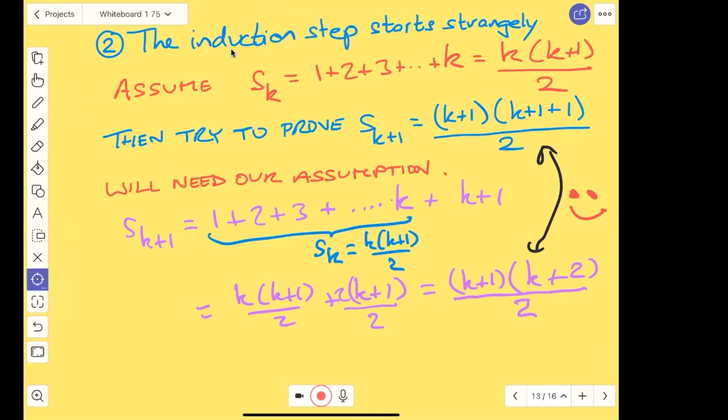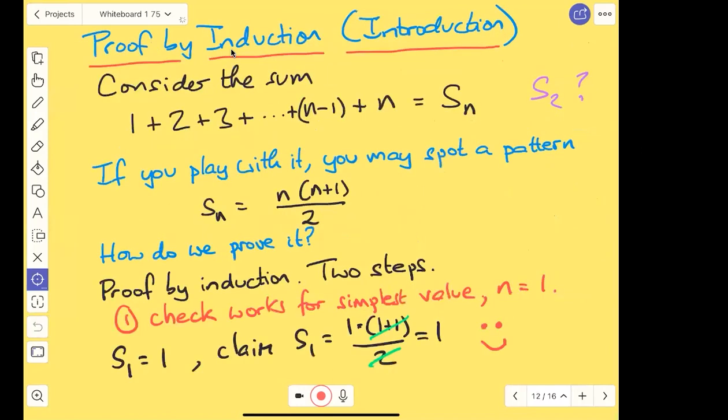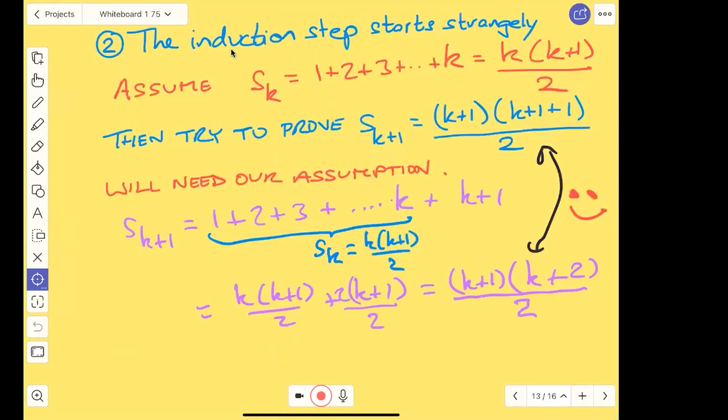So the fact we've shown that it works for n is 1 means that we now know it works for n is 2. But if it works for n is 2, we now know it works for n is 3, because we've shown if it works for any value k, it must work for the next one. So what we've done is we've just proven that this is true for infinitely many values.